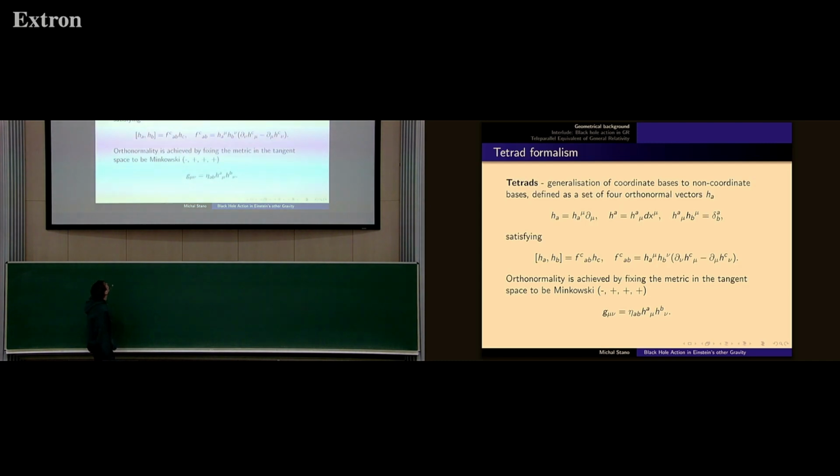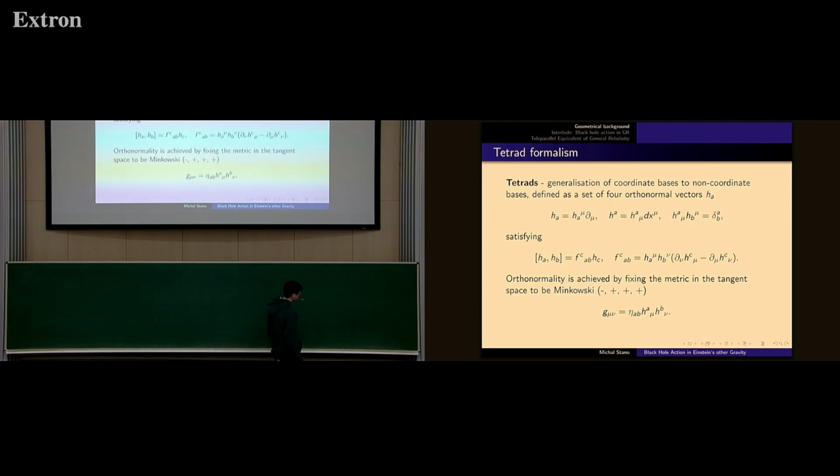All right, so it turns out that in general teleparallel gravity, it's most natural to use the language of tetrads. So what are the tetrads? Tetrads allow for a very straightforward generalization of coordinate bases into non-coordinate bases. They are simply defined as a set of four orthonormal vectors. The defining property of tetrads turns out to be the non-trivial commutator of two tetrad fields, which is proportional to the coefficients of anholonomy, in this case denoted by f^c_{ab}.